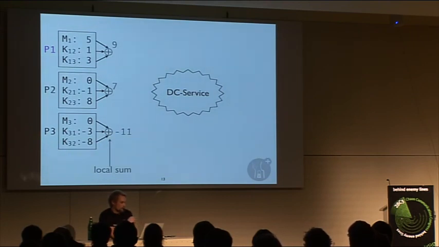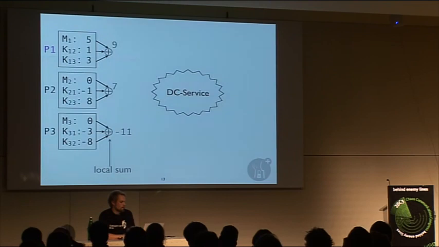And the same for participant number 3. So what they do is they add up a local sum. It's normal adding: 5 plus 1 plus 3 equals 9. And the others do 7 and negative 11. And these local sums are transferred to the DC service.